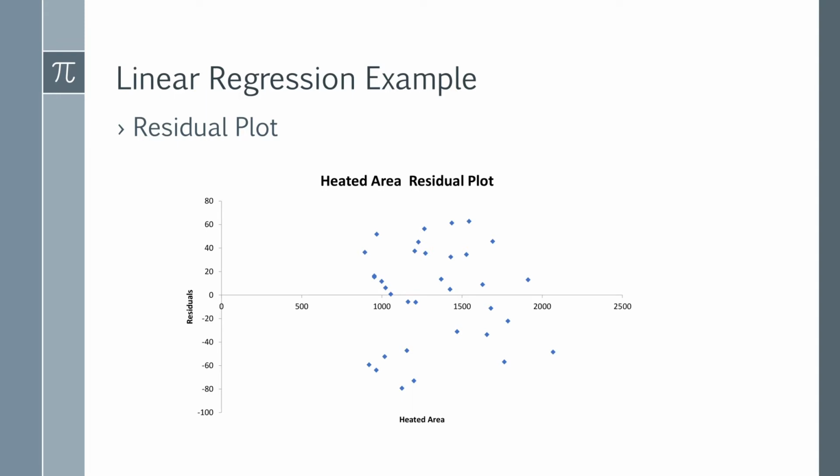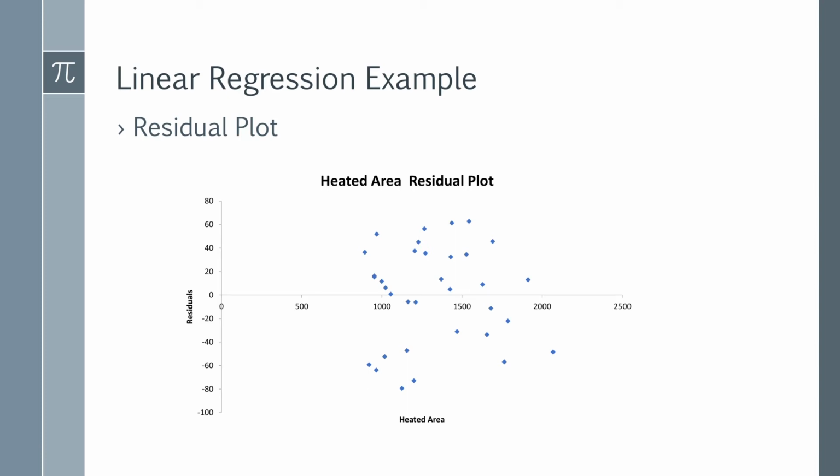On this slide, we have the residual plot. My vertical axis represents my residuals, and my horizontal axis represents my heated area, which is my explanatory variable.